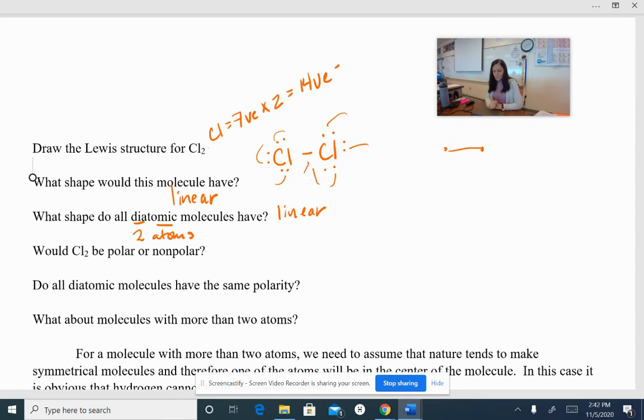Okay, now next question. Would chlorine be polar or nonpolar? Think about it for a sec. Chlorine is the same as chlorine, the same atom with the same electronegativity, so they're going to share the electrons equally because one is not stronger than the other. So it is going to be nonpolar.